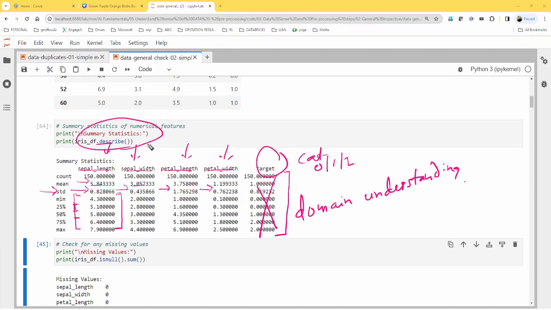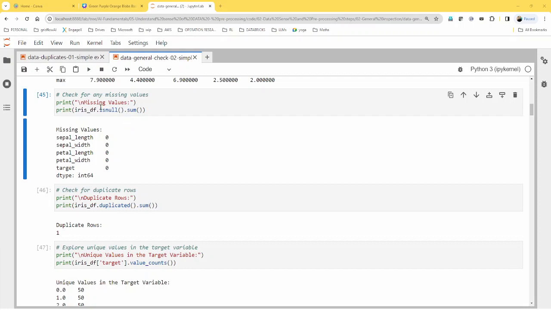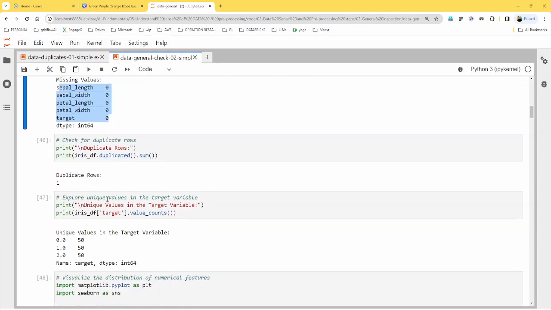That was the summary statistics from pandas. Let's look at the missing values. Quite easy: pandas provides the isnull method, and you can find out how many places in the columns have null values. Here, there are no null values, which is perfect.